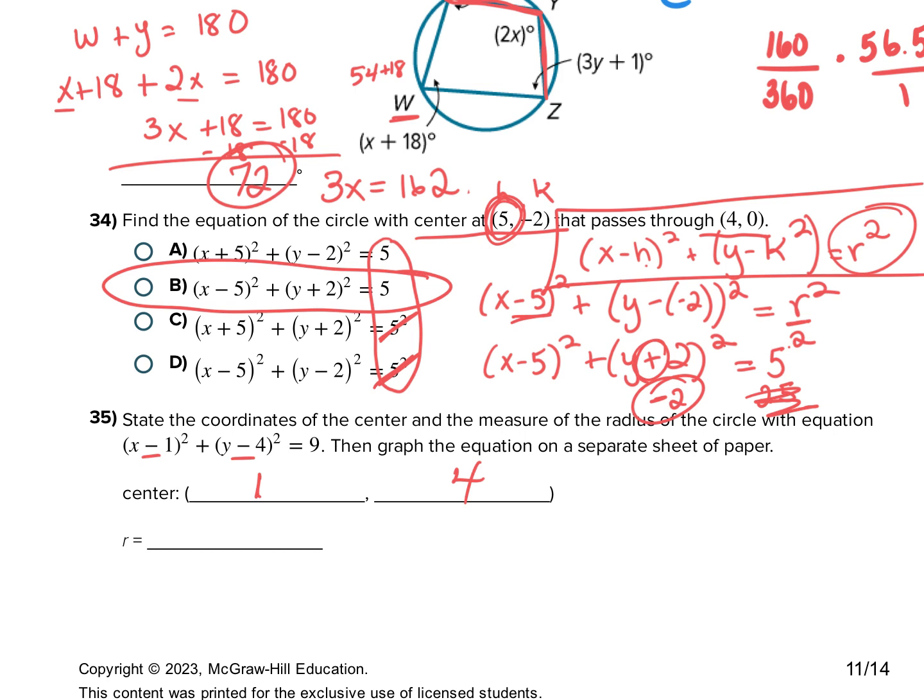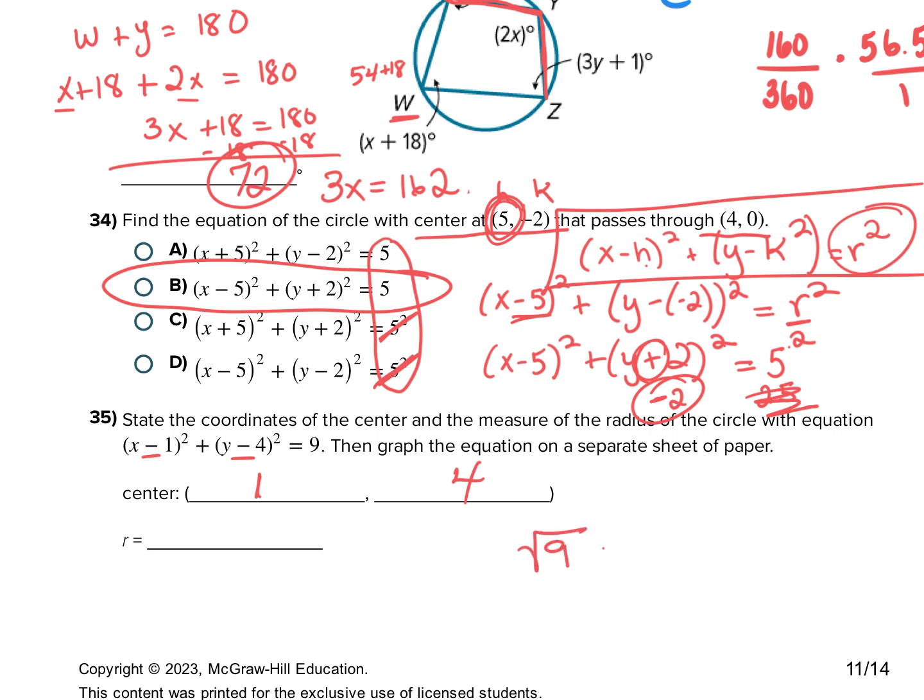And because the squared that we normally have here isn't listed, what that means is that 9 is already squared. They squared the radius. The radius squared is 9. So remember, the opposite of squaring a number is to take the square root.